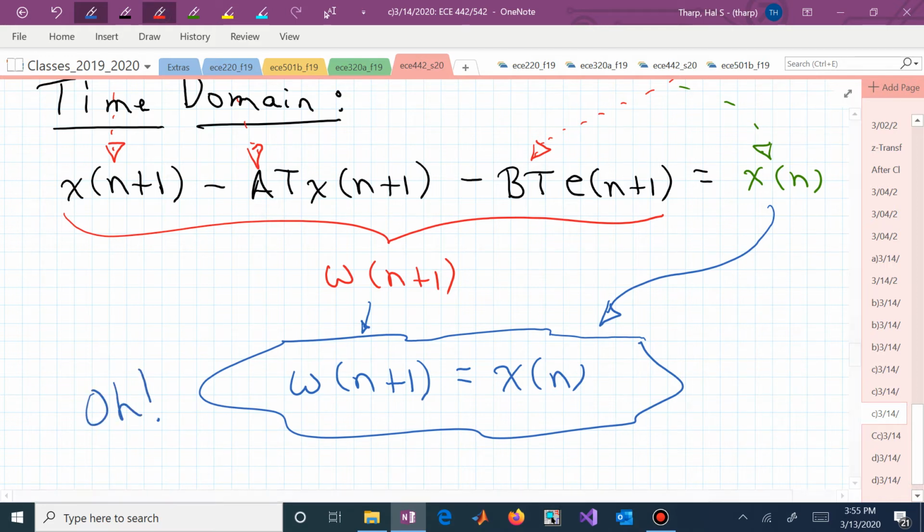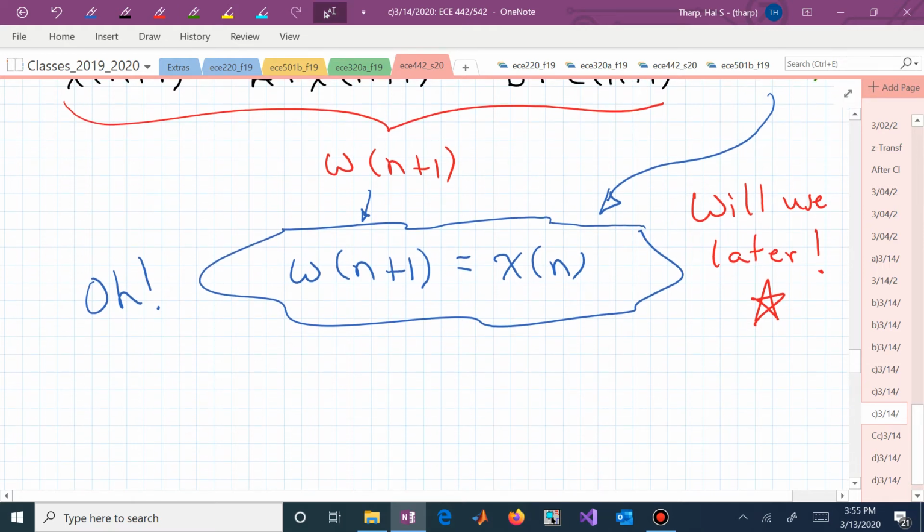And this we are going to use later. This relationship that the vector x in the discrete time setting, x at time n, is actually just w of n plus 1, this new combination of x and e. And we'll call that star when we use it later.